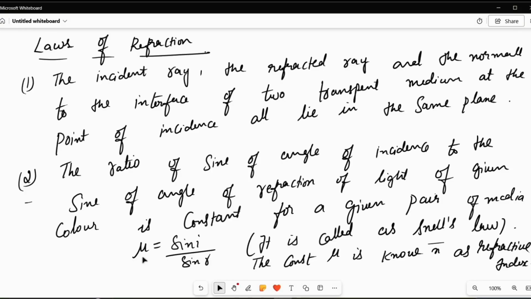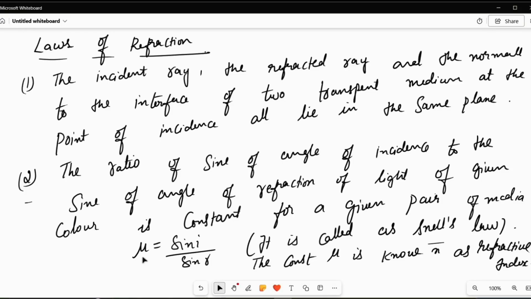That constant tells you how much the light will bend, whether towards the normal or away from the normal. How much it bends depends on the difference in the velocities of the light.